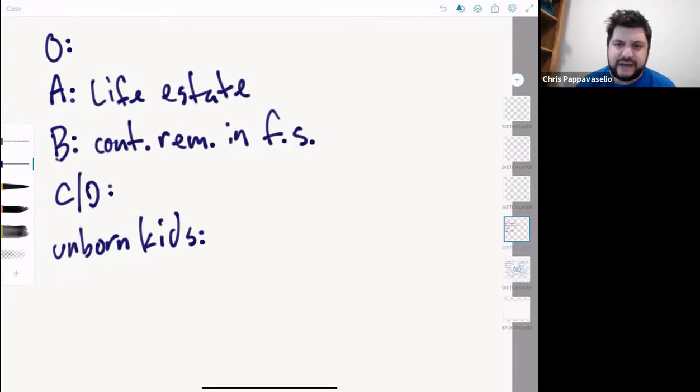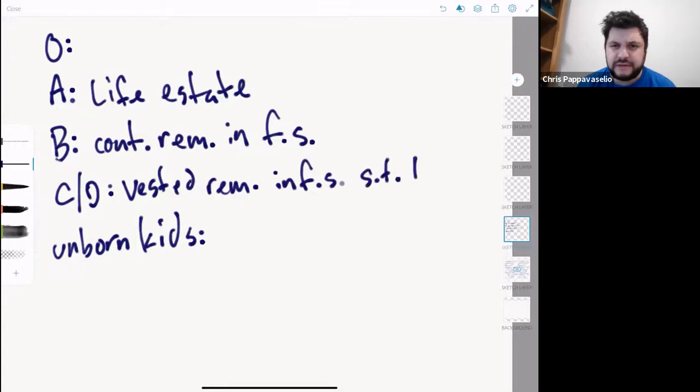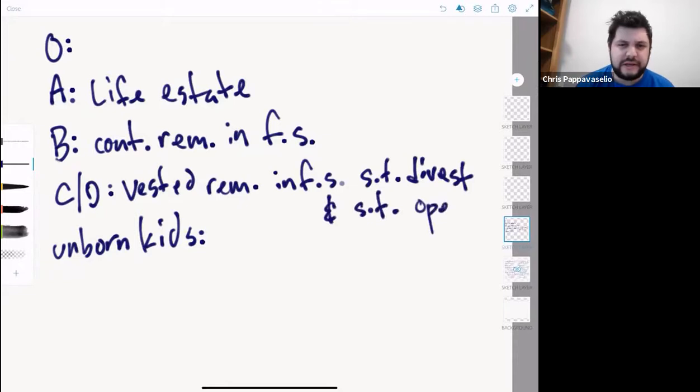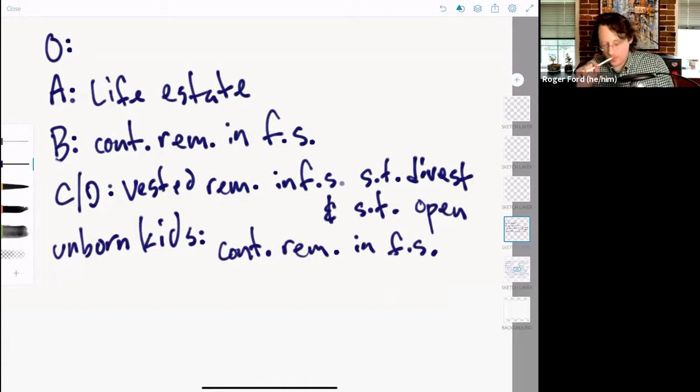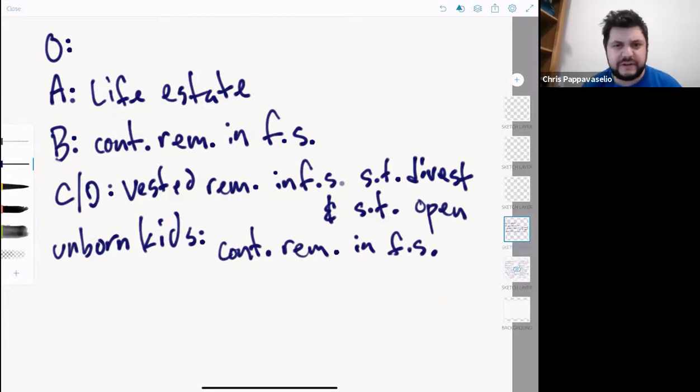C and D have vested remainders in fee simple, but they're subject to divestment and subject to open. And then unborn kids have a contingent remainder in fee simple. And O? In this case, I'd say O has nothing because I think the loophole's kind of been closed that you had pointed out.